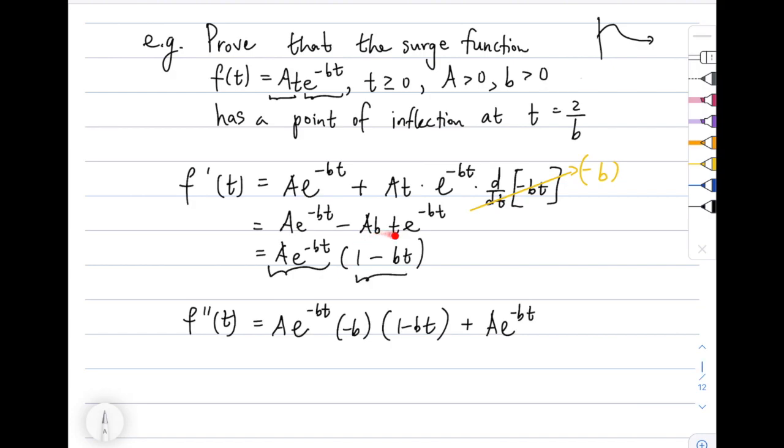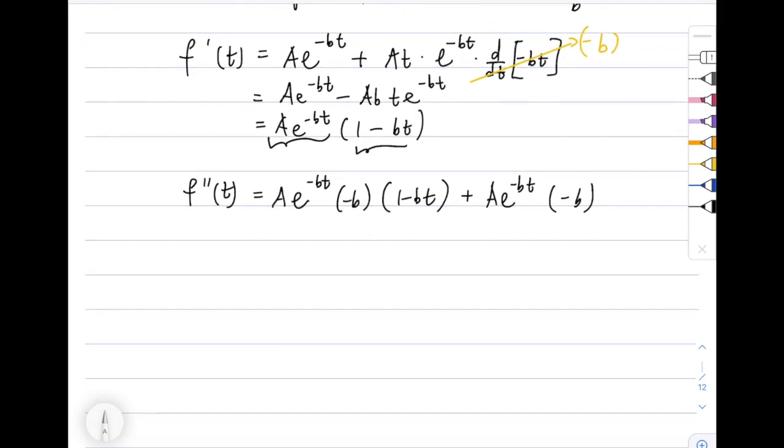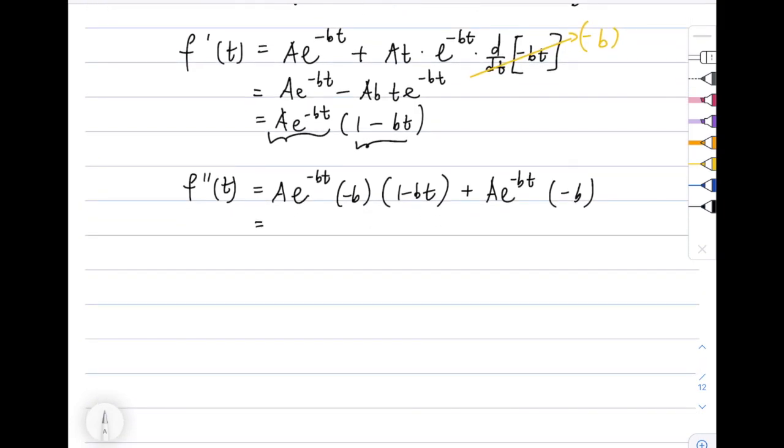The second function here is just a line with a slope of negative b, so its derivative is going to be negative b. Okay. Just hang in there. I know it's a lot of algebra, but just carefully go through the algebra. So after simplifying, we get negative ABe to the power of negative bt times 1 minus bt minus ABe to the power of negative bt.